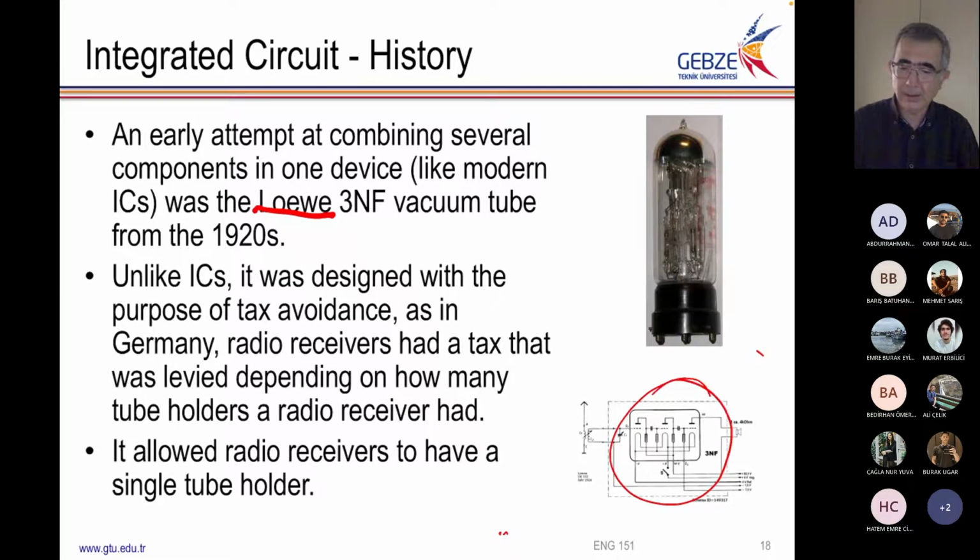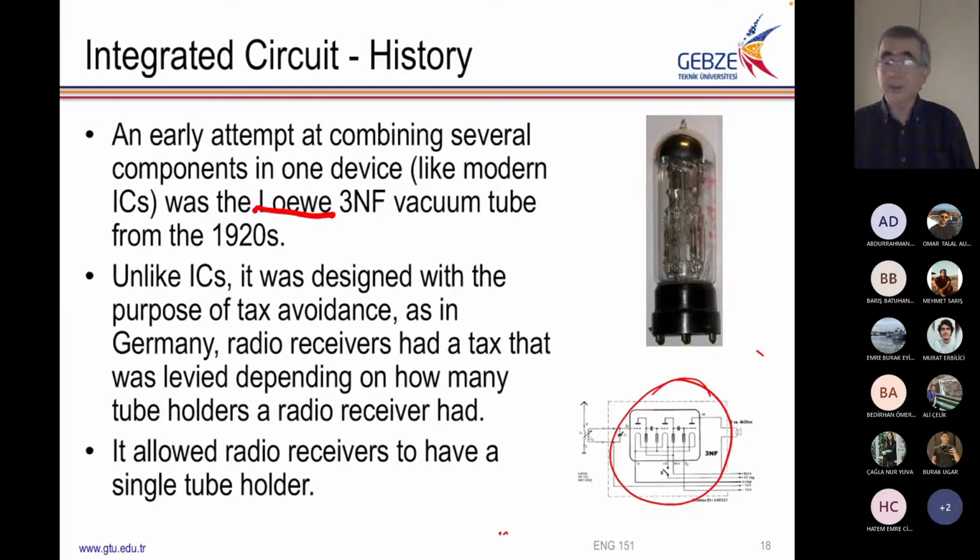This is the diagram for it. So it is like 3 transistors in one package, 3 tubes in one tube. It was similar to modern integrated circuits, but it was invented in the 1920s.